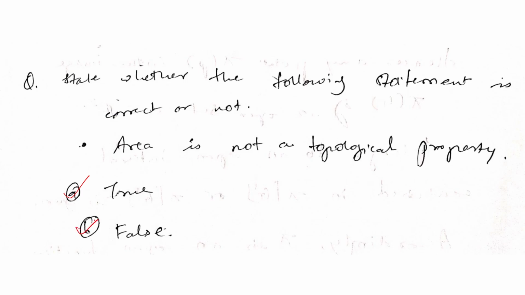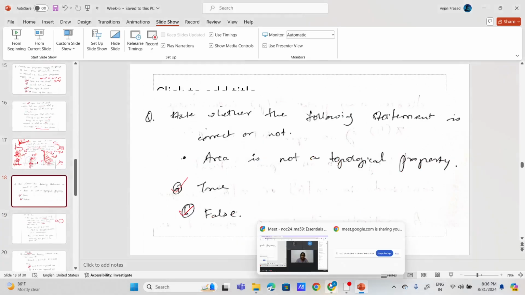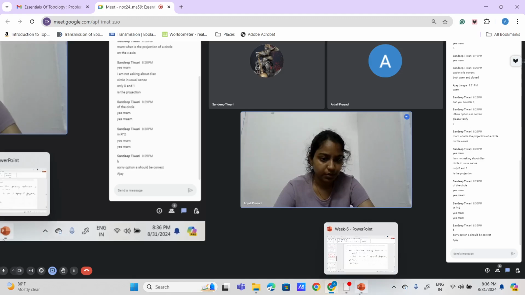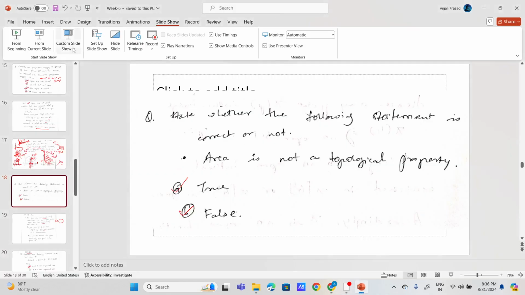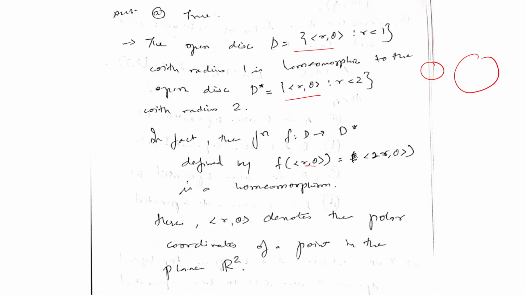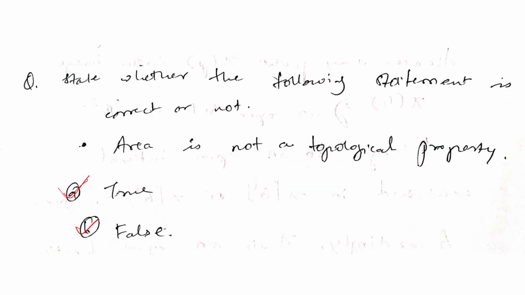Is it option A or option B? So it is option A. As we discussed earlier about topological properties, it might be quite obvious that area is not a topological property. Okay, so option A is correct.